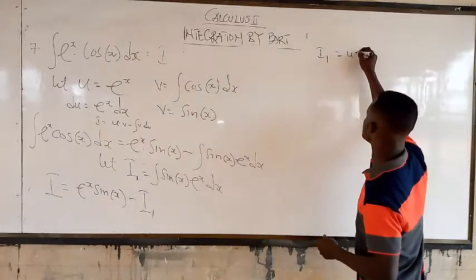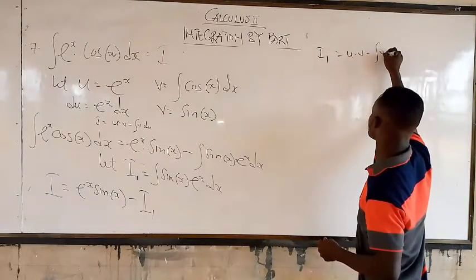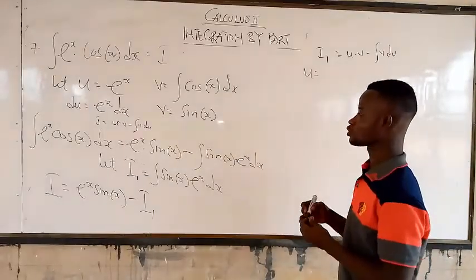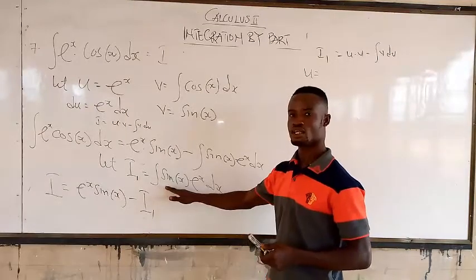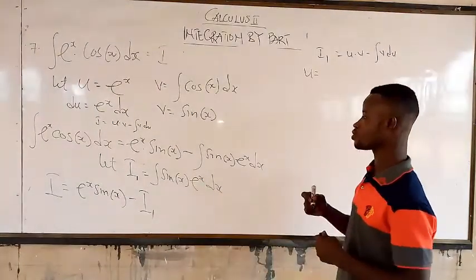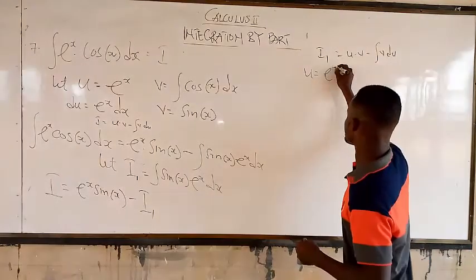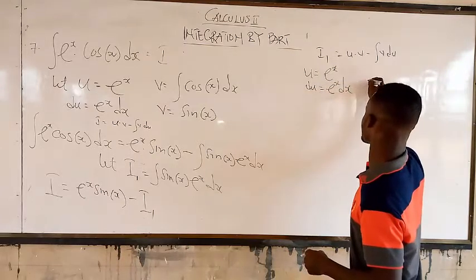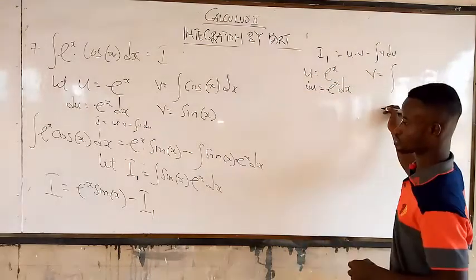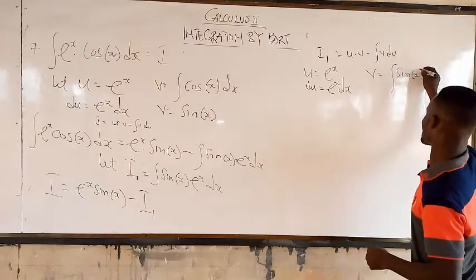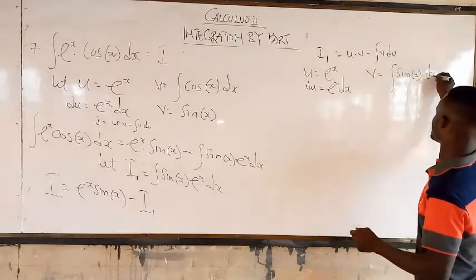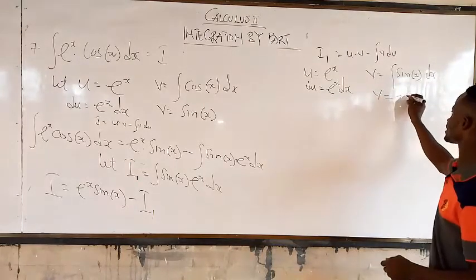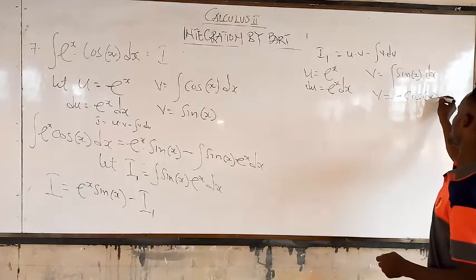So I1 is going to be uv minus integral of v du. So what will be your u? In the same way, let u be the exponential function, e raised to the power s, so du will be e raised to the power s ds. v will be everything left, which is sine s ds, so v is going to be negative cos s.